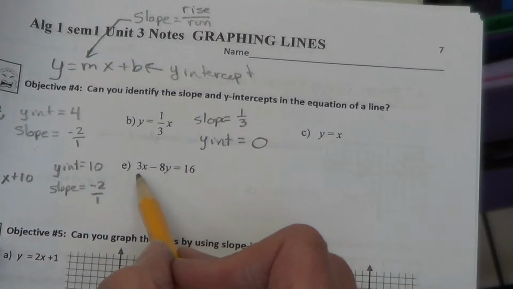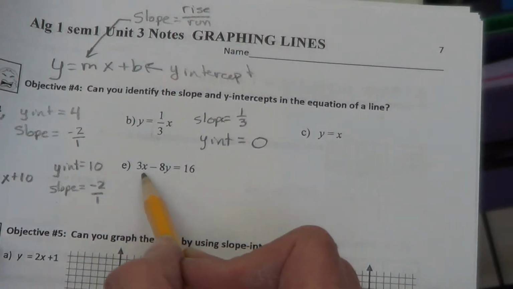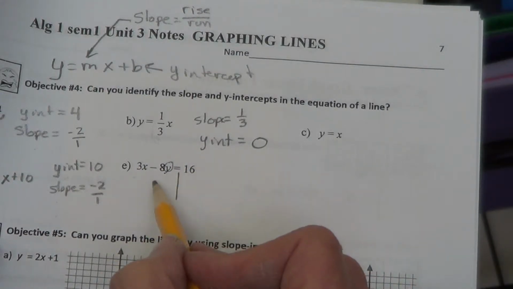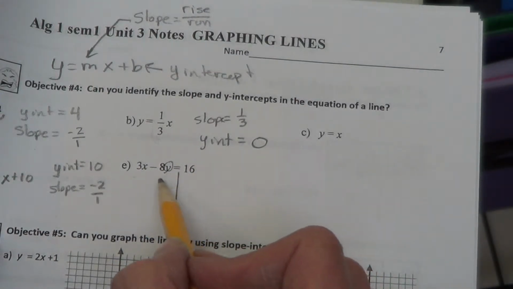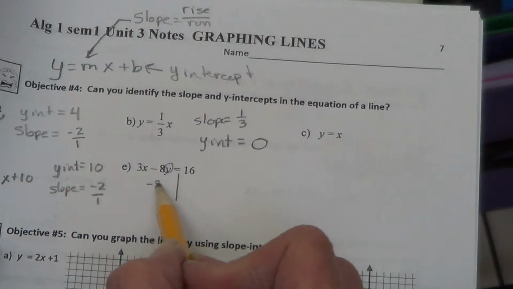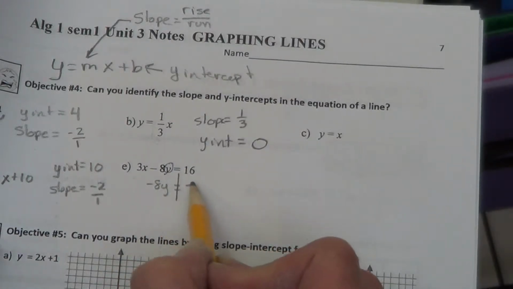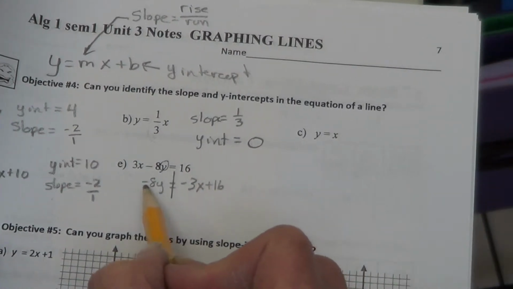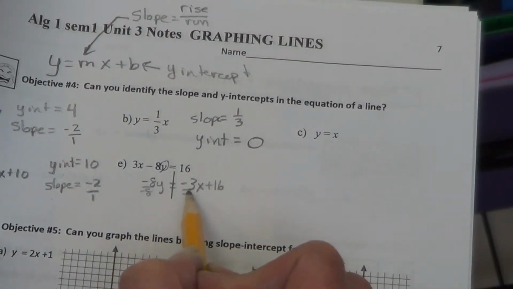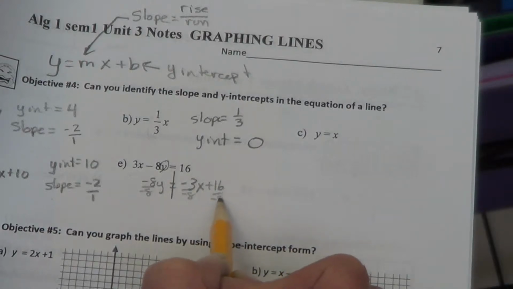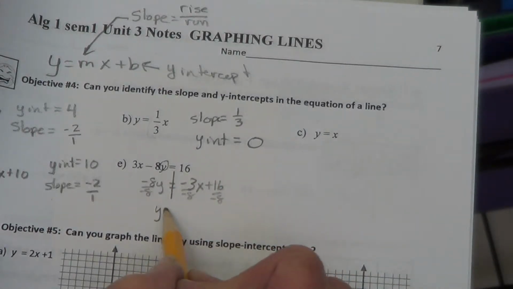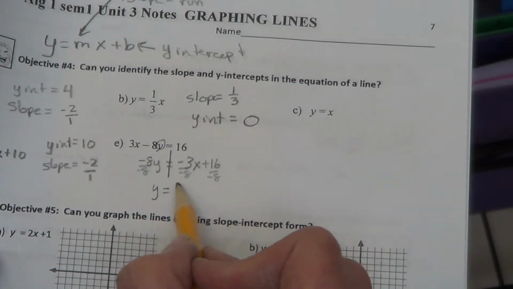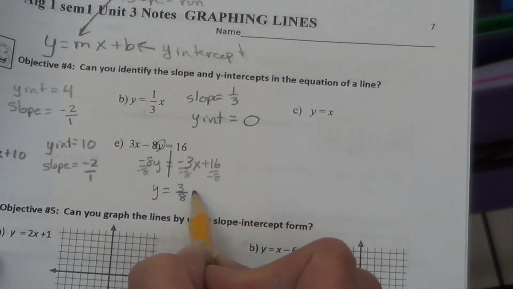On this one, get the y alone, so we subtract 3x from each side. Always have to get y alone when you're going to slope-intercept form. So we would have negative 8y equals negative 3x plus 16. Now we divide by negative 8 in every location, and we get y equals negative 3 over negative 8, which is a positive 3 over 8 x.